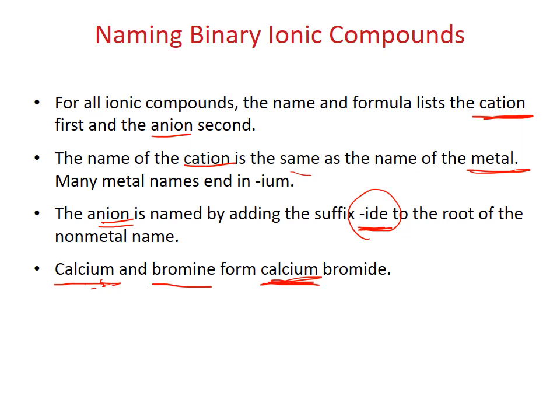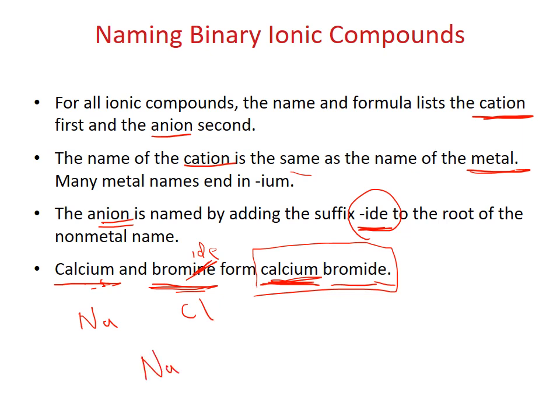Now for the non-metal bromine, you add IDE to the root, so replace INE with IDE, and you get bromide, and therefore the ionic compound is called calcium bromide. Similarly, when you add sodium and chlorine, the compound should be sodium chloride. So chlorine becomes chloride.